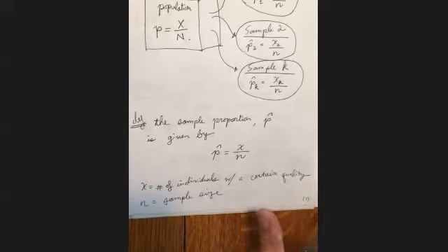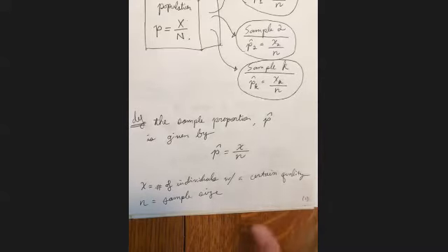As we move forward, you might notice that some of the mathematics that we see here looks a lot like the mathematics that came out of the binomial probability distribution. And there's good reason for that.